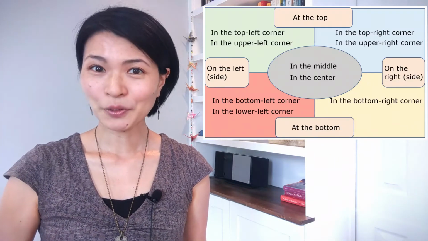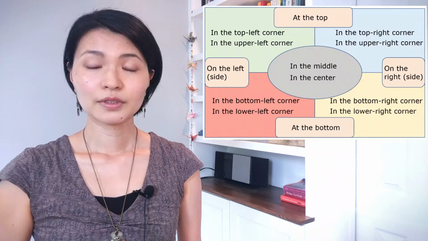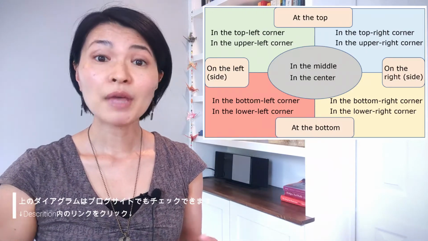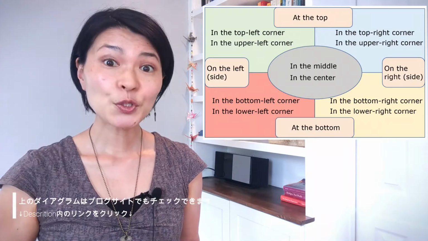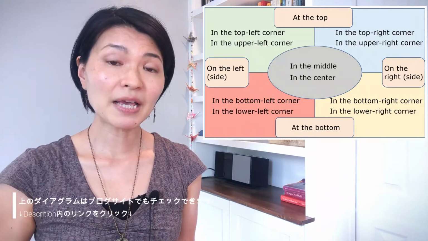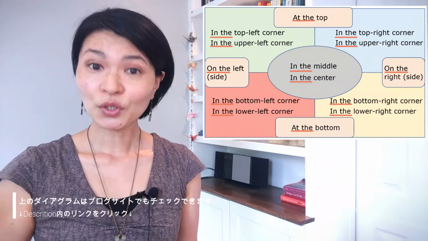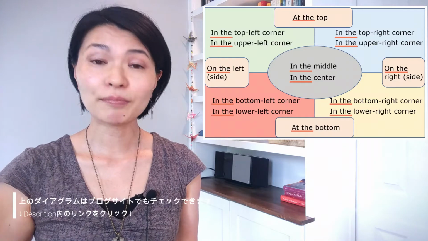In the bottom right corner or in the lower right corner? When you memorize these words, my advice is to memorize them with the prepositions, because you need different prepositions depending on the area. See? So learn them as they are, and you'll be able to speak grammatically without thinking about it.